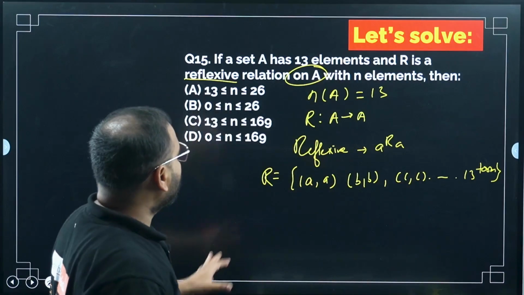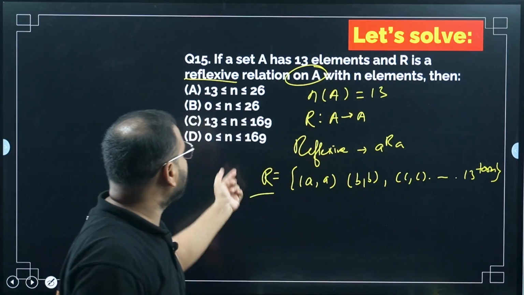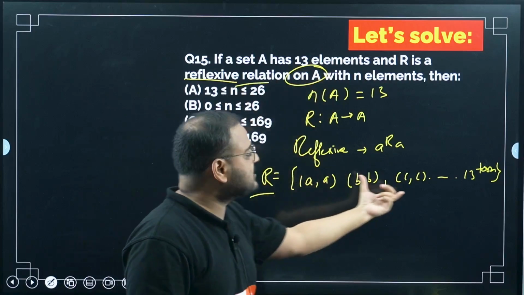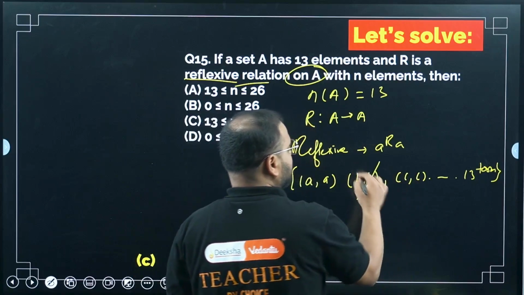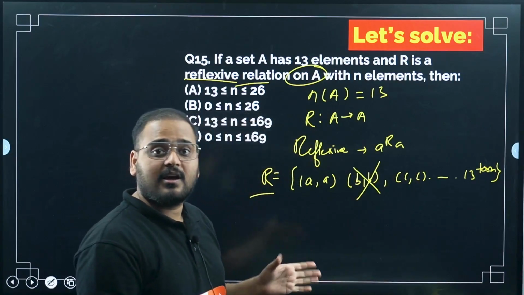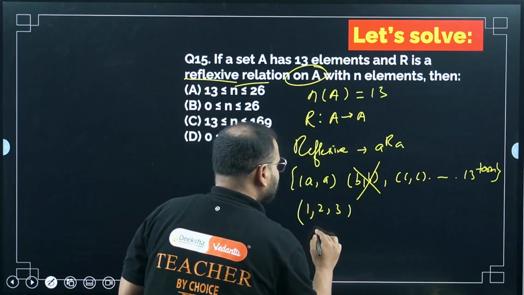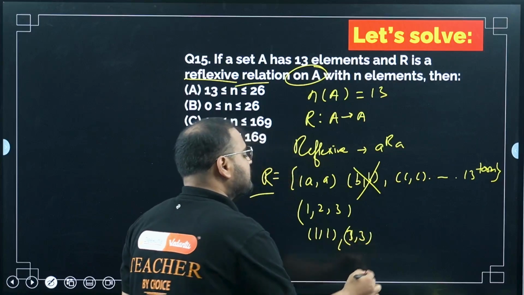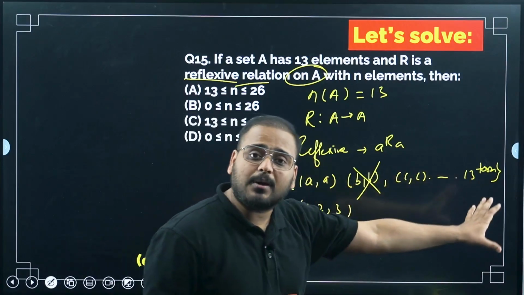For the relation R to be reflexive, at minimum all these 13 elements should come. If I don't write B cross B, is it reflexive? No, sir. All the elements have to be there. If I write just 1, 1 and 3, 3, is it reflexive, sir? Not reflexive, 2, 2 is missing. So all the 13 elements have to come.